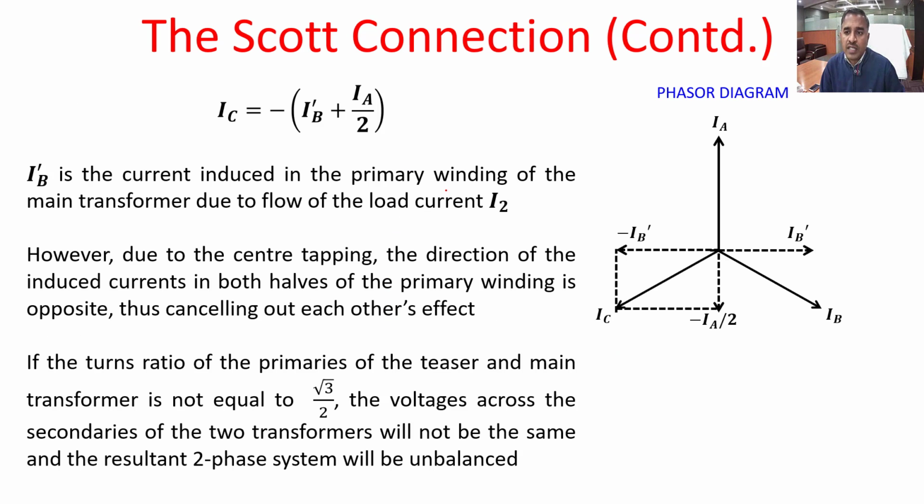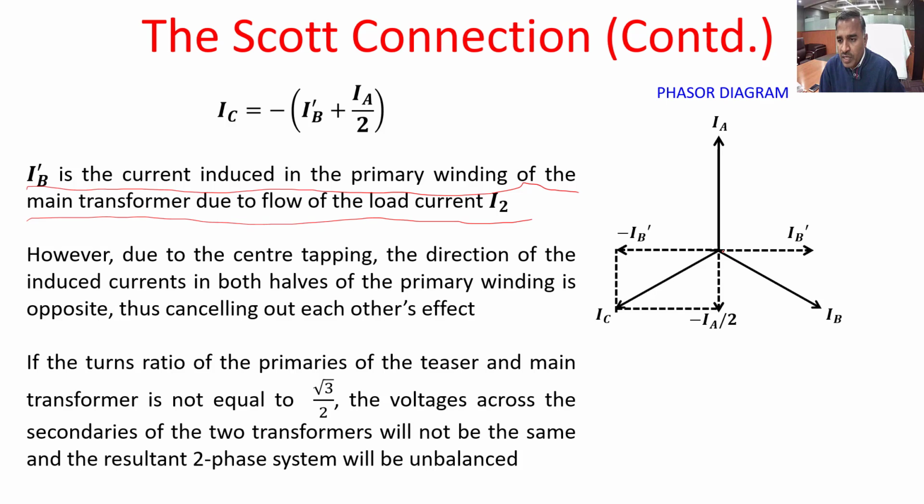So this is the current IC here, how the three-phase currents will actually arise. There will be an IB dash current induced in the primary winding of the main transformer due to the flow of load current I2. So this IB dash flows in the primary winding of the main transformer. In the phasor, IB dash will be like this.